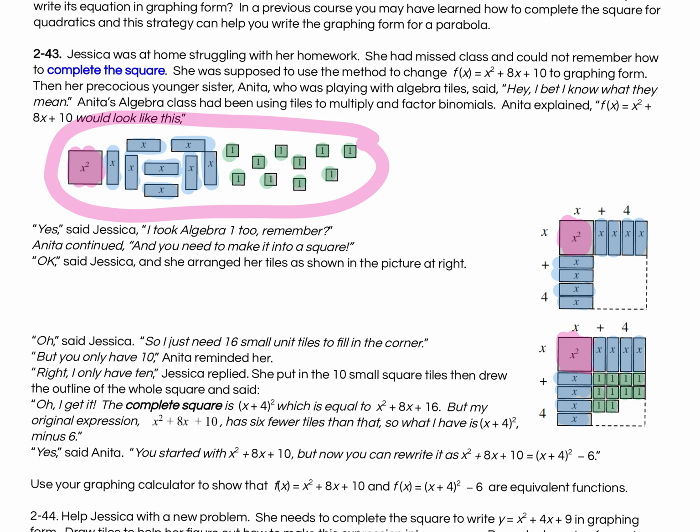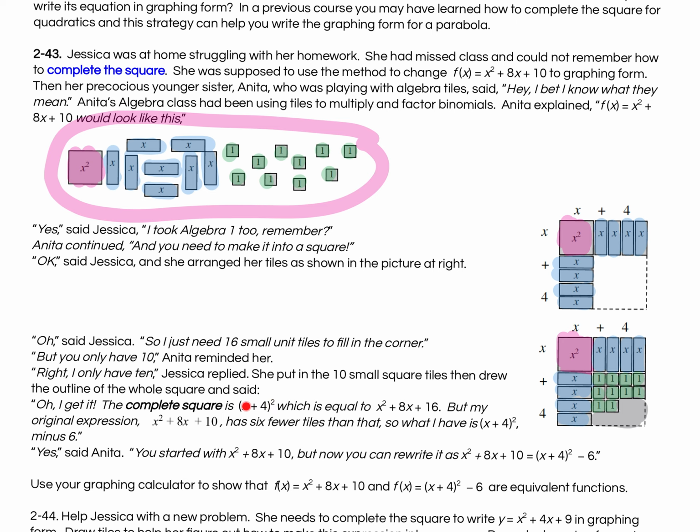Now what happens is there's this sort of empty space here, and we have to think about how many tiles we are actually missing there. So in other words, she took this expression and rewrote it like this. She said, I can see that this is a square that has dimensions of x plus 4 and x plus 4, so I can write it like this.